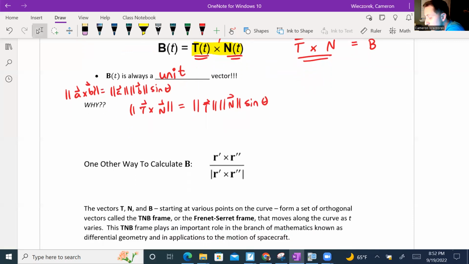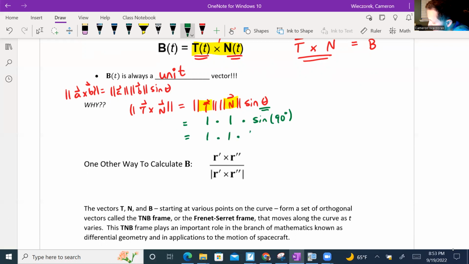Now let's pause and think. It's the unit tangent vector and the unit normal vector, so both of these have length 1. The unit tangent has a magnitude of 1. The unit normal has a magnitude of 1. In terms of the angle, we said that the unit tangent and the unit normal always have to form a right angle. They are always orthogonal to each other. So the angle between them must be 90 degrees. So I'd be taking the sine of 90, which is 1.